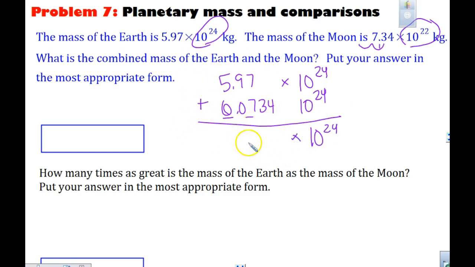Please, if you need, take out your calculators, or we're going to add those. Shouldn't be too bad to add them, right? When we are adding those two together. Caitlin, what are you looking at? 5. Careful. Did you line up your decimal point? 5.97 plus 0.0734. Did you add them on your calculator?